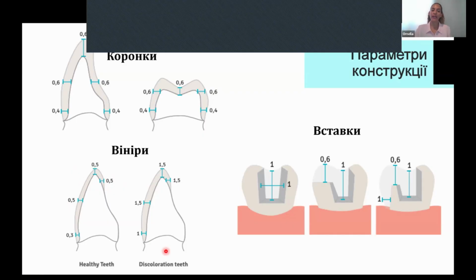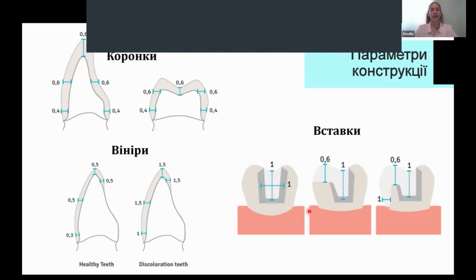But when my tooth is discolored, and I want to opaque it, I need to go minimum 1.5. At 1.5, I'm going to start covering the color of the background that I have. So this is important to know. Another option will be to help with the cementation process with opaque cement.